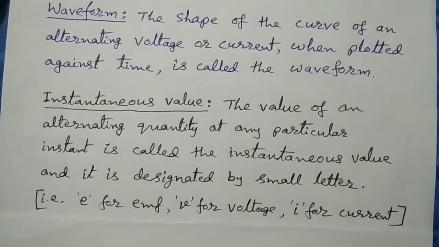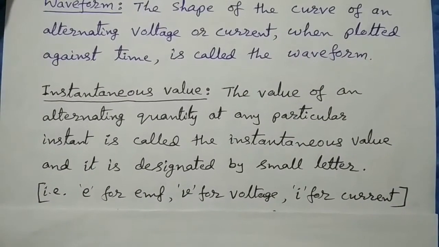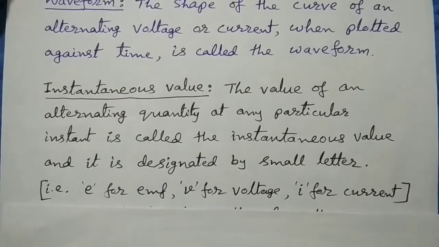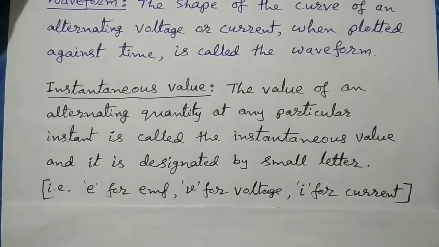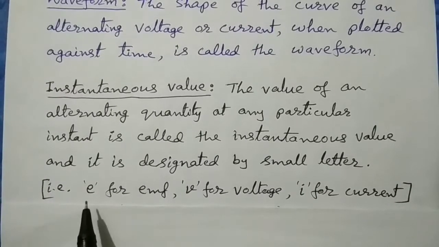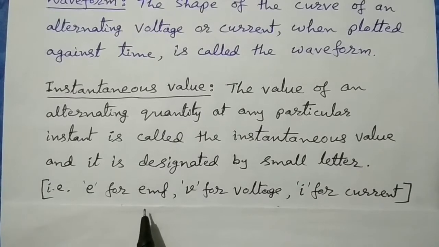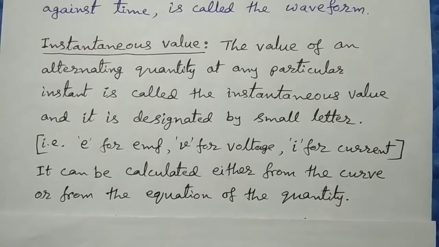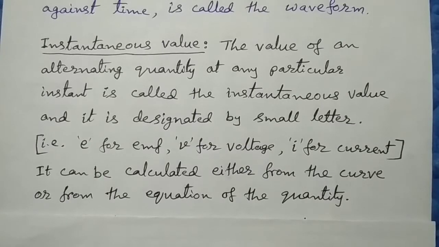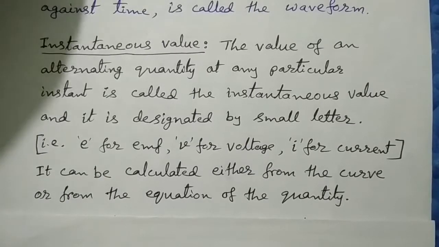Remember one thing, the notation of the parameters is very important. Here the instantaneous values are always represented in small letters. That means small e is used for instantaneous EMF, small v is for the instantaneous voltage, and small i is for the instantaneous current. The instantaneous value of the parameter can be calculated either from the curve or from the equation of the quantity.